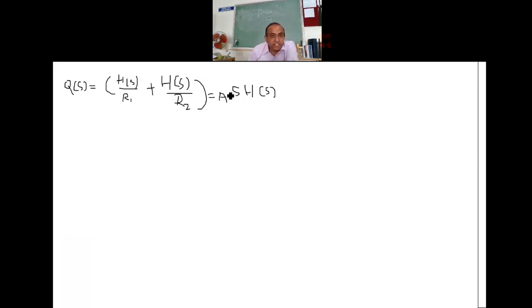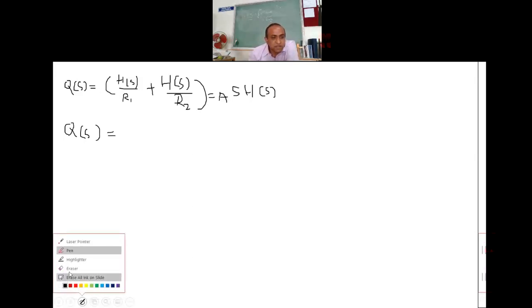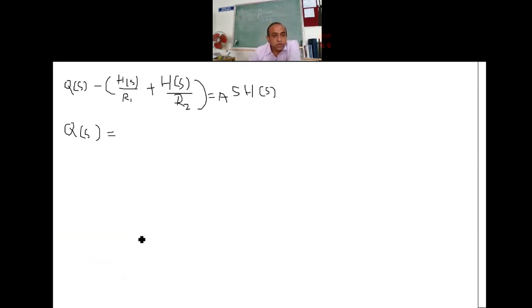So if you rearrange, please correct it, it is H of S. So if you look at this, you can take H of S outside. Sorry, I think this has to be, please correct me if there's any mistake. This has to be minus here, is it not? Correct.